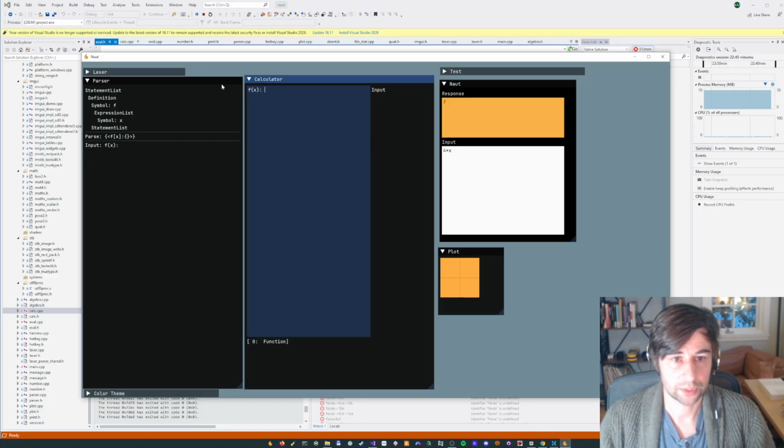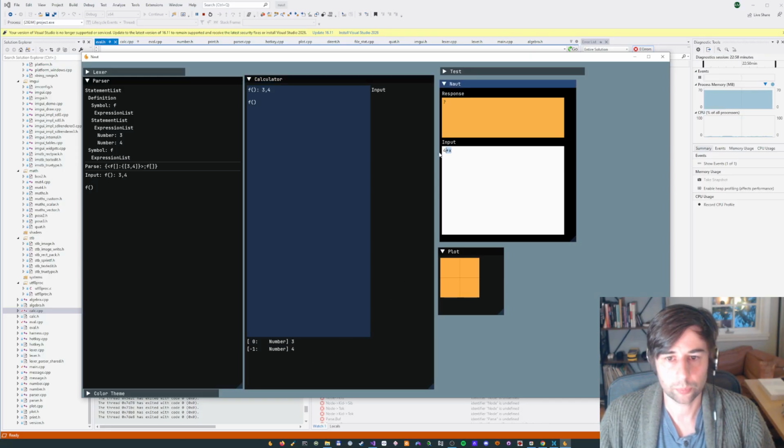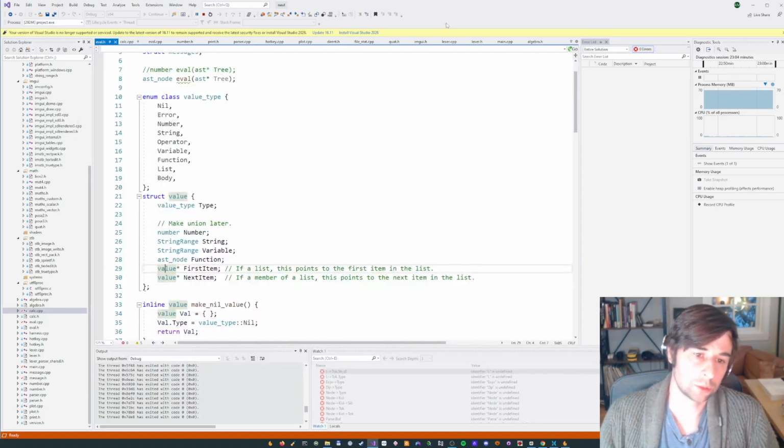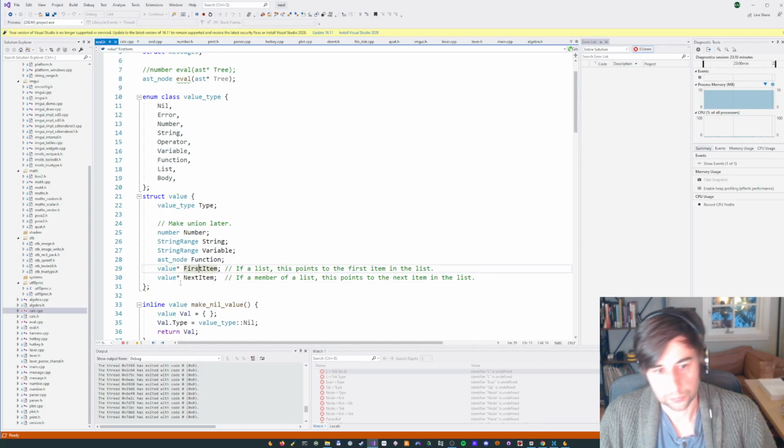Like you can do f of x returns 3, 4, and you don't even need f of x, just f of anything. If you do that, you actually get a list. This shows the contents of the stack, so it's saying 3, 4. And in the print, it would look something like this. A value might come with a next item, and also maybe children.